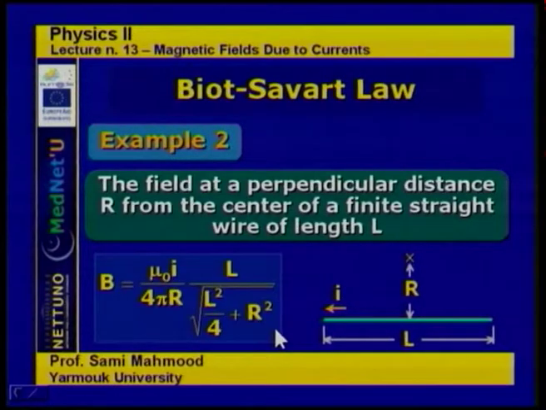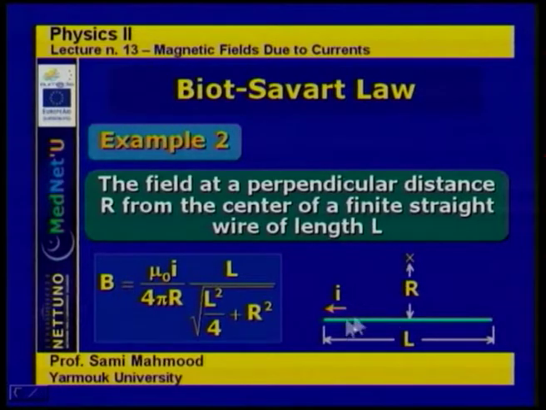We recall the same result that we obtained from the general integral, and we take the limits from z equals minus L over 2 to z equals plus L over 2.